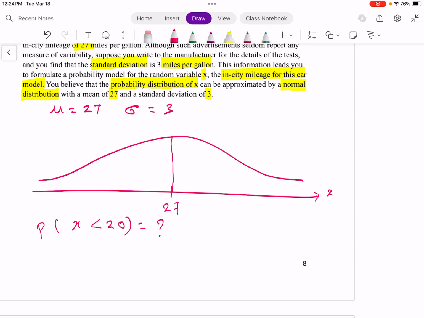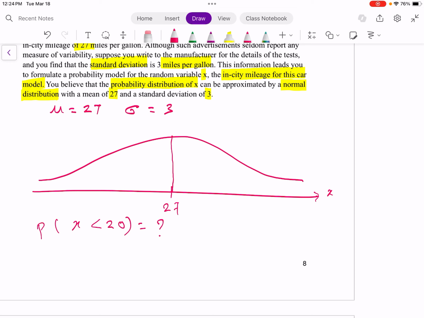Less than 20 looks good. I want you to shade the area for this one. So you locate 20. Where do you find 20? Your 27 is here, so where will 20 be? And x less than 20 means, where do you find less than 20?